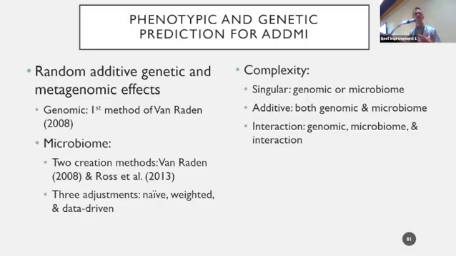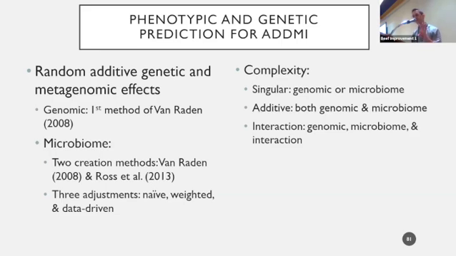It's a covariance matrix based on functions of the microbiome. But we formed that either doing a similar method as what we did for the host genetic component, or did something similar to what Elizabeth Ross did in 2013, which is really analogous to the second method of VanRaden for those that are familiar with that.